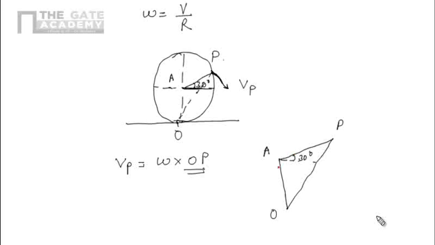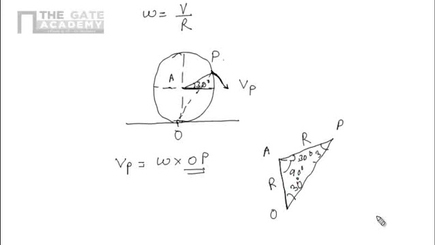And if you see the angle here, this angle is 90 degree. Now the remaining angle, this is R, this is R, so both will be the same. The remaining angles: it is 90 plus 30, that is 120, so these angles will be 30, 30.